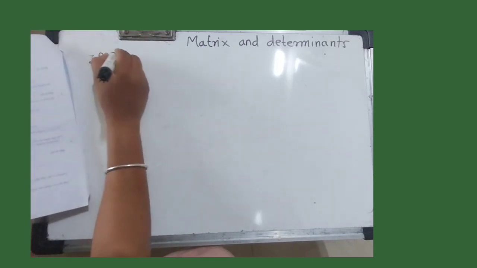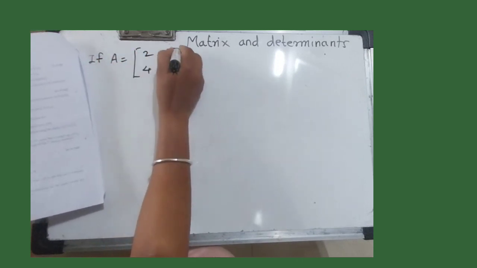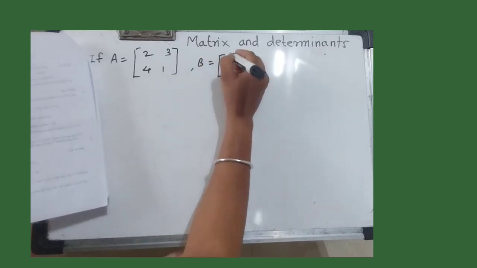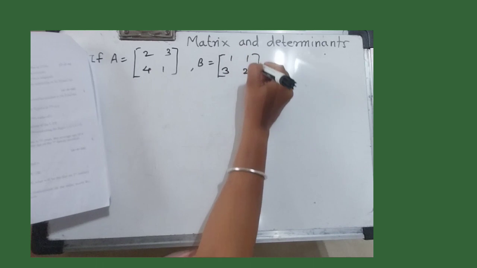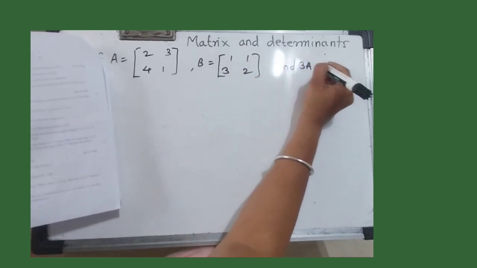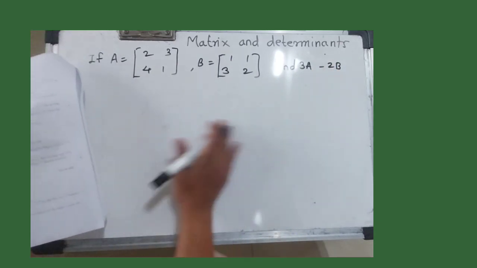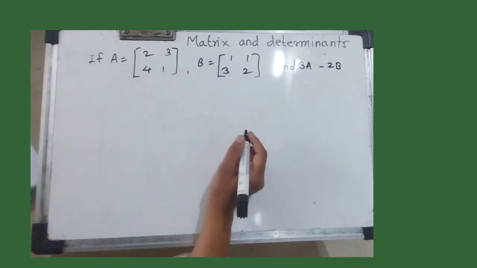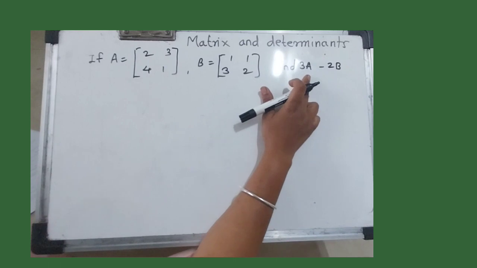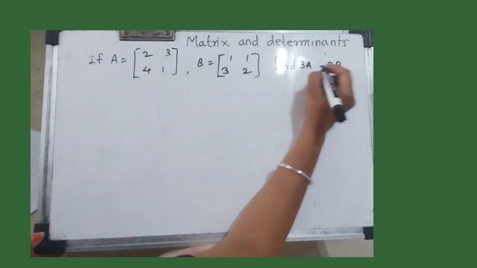If A equals [2 3; 4 1], B equals [1 1; 3 2], find 3A minus twice B. It is also for 4 marks. See how simple the example is. What we have to find? We have to find this. This is a scalar multiplication and minus.